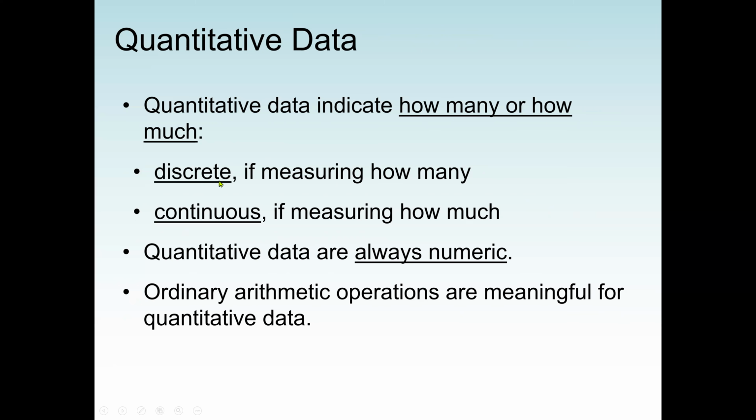You can see that discrete data will not have a decimal value. So for example, how many patients a doctor saw today. We cannot say the doctor saw 22.6 patients, no. So discrete has to be a whole number, it's based on counting. The doctor saw 20 patients today, 5 patients today.